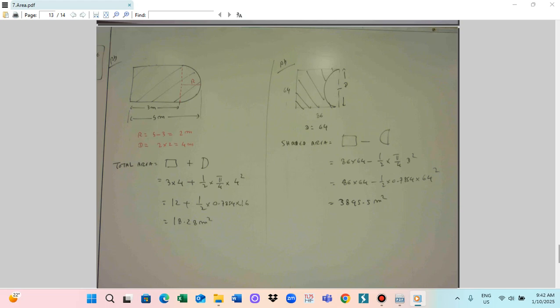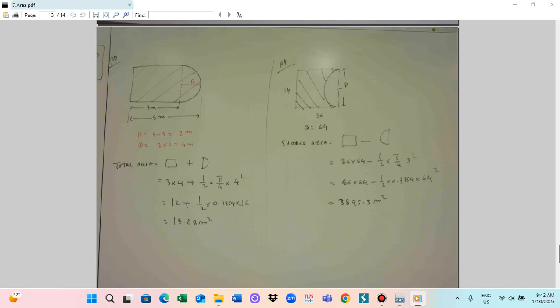Diameter square will be 4 square. So you get half multiplied by 0.7854 multiplied by 16, which is 8 multiplied by 0.7854 plus 12. So you get 18.28 meter square.